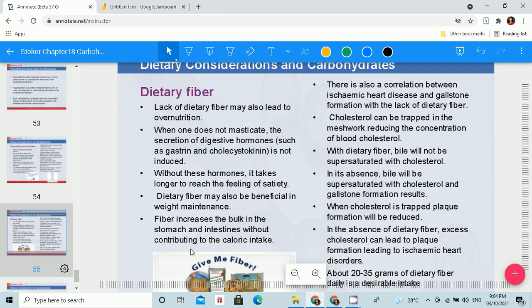When you have a high glycemic index, that will lead to high blood sugar.